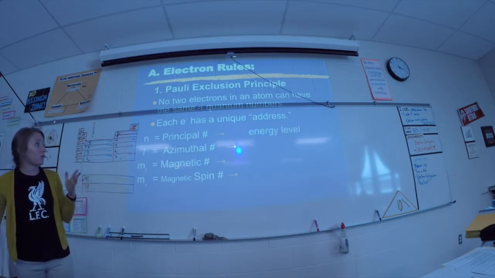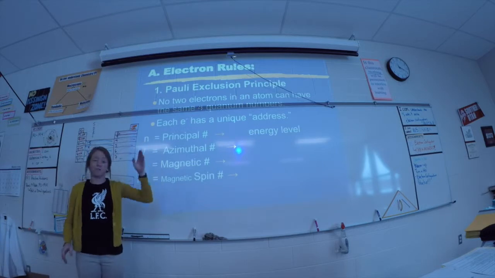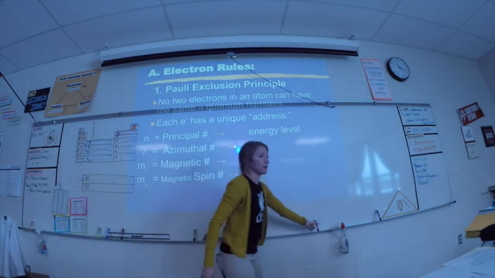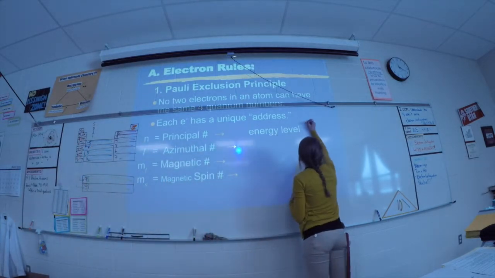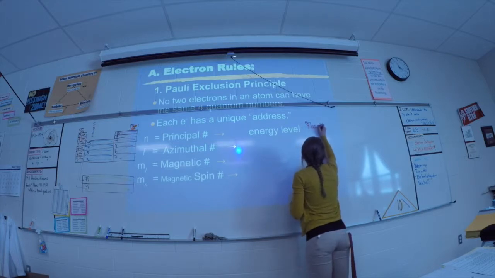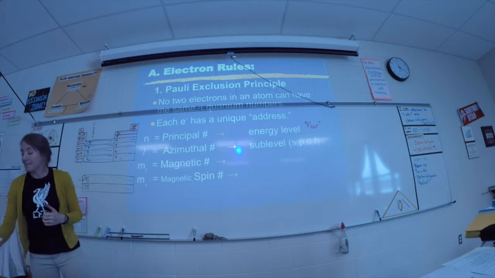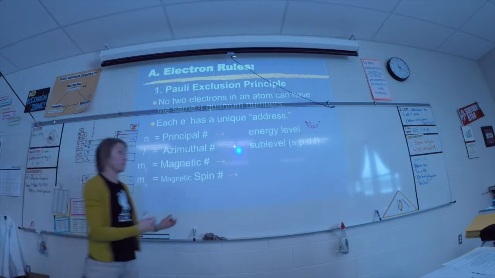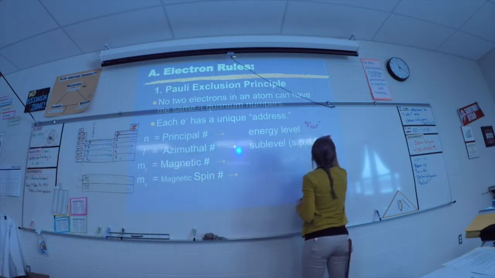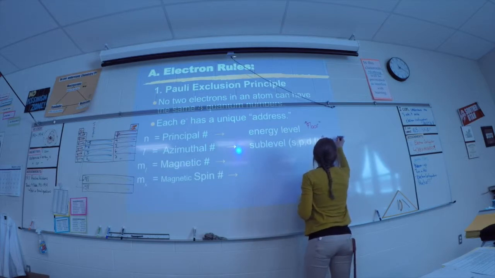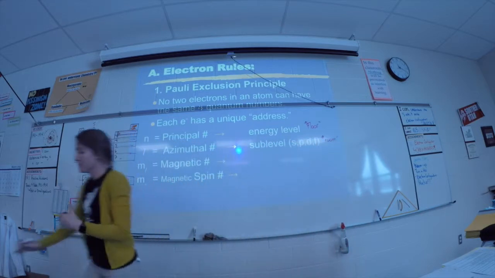So according to our 4 quantum numbers, the principal is the energy level. If you want to add a note just to remind ourselves, this was the floor of the hotel. So 2 electrons can be on the same floor. That's fine. They can be in the same sub-level, which in our analogy was the room.